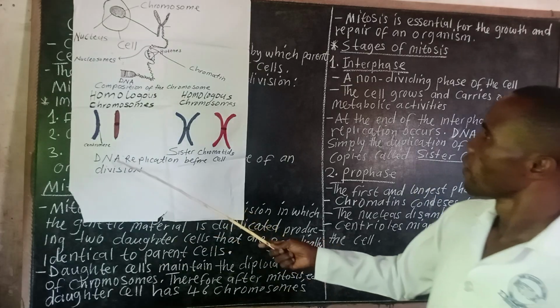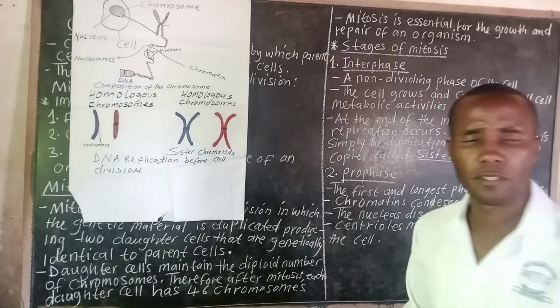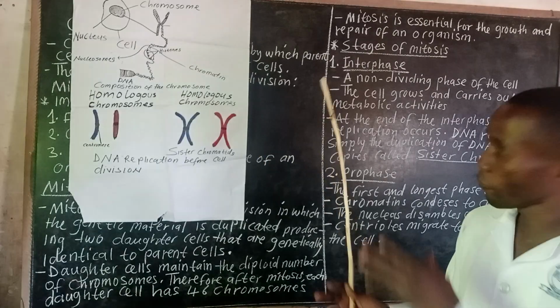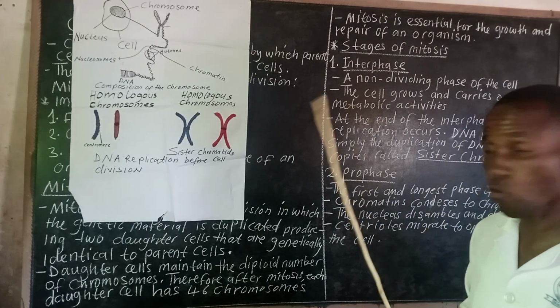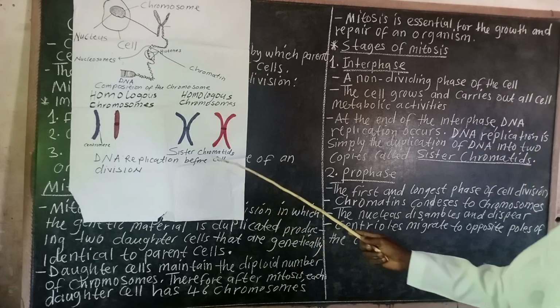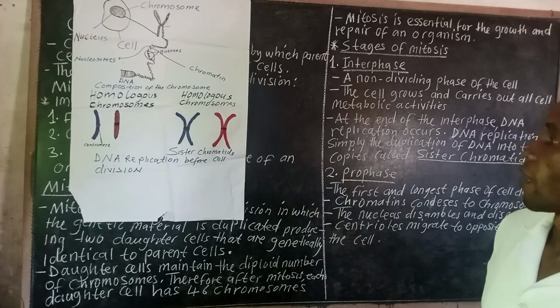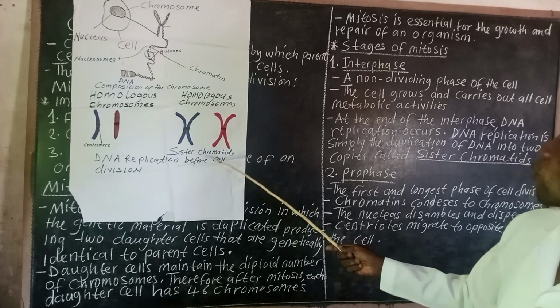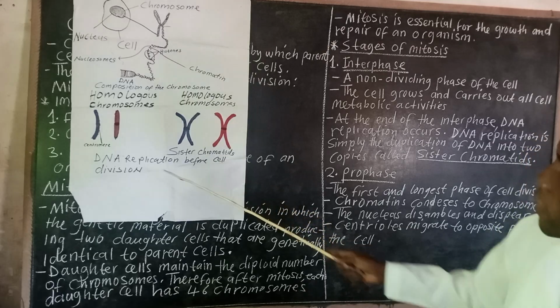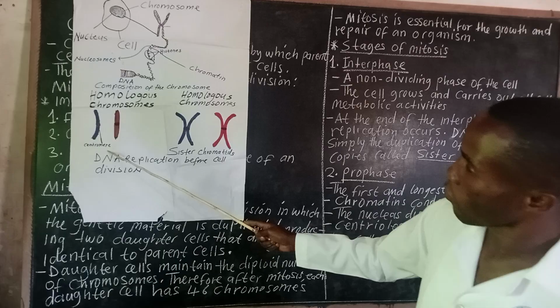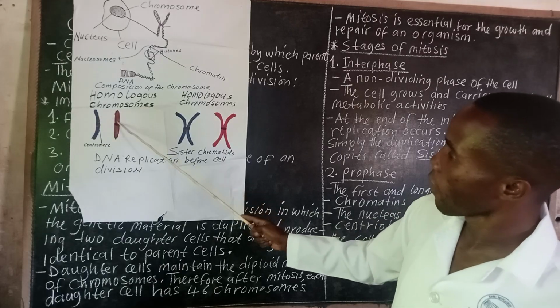So before cell division, the chromosome is actually divided into two smaller parts, and these smaller parts are called chromatids. As you can see here, we have the centromere, and these are chromatids.